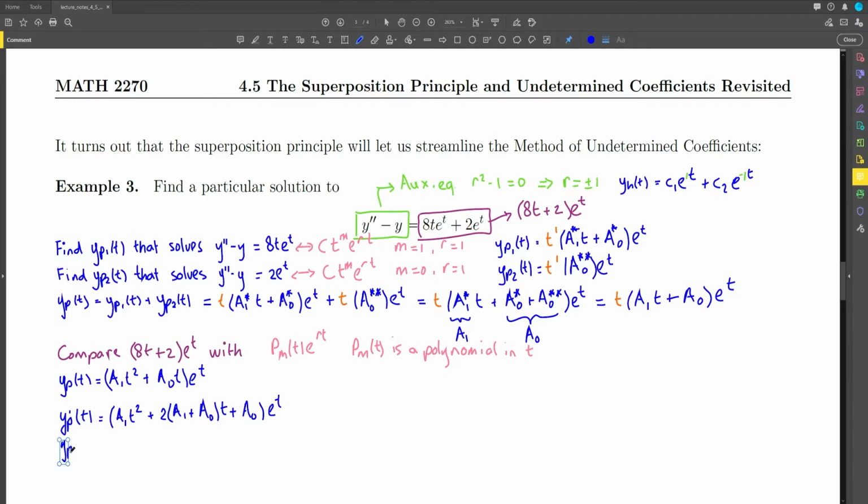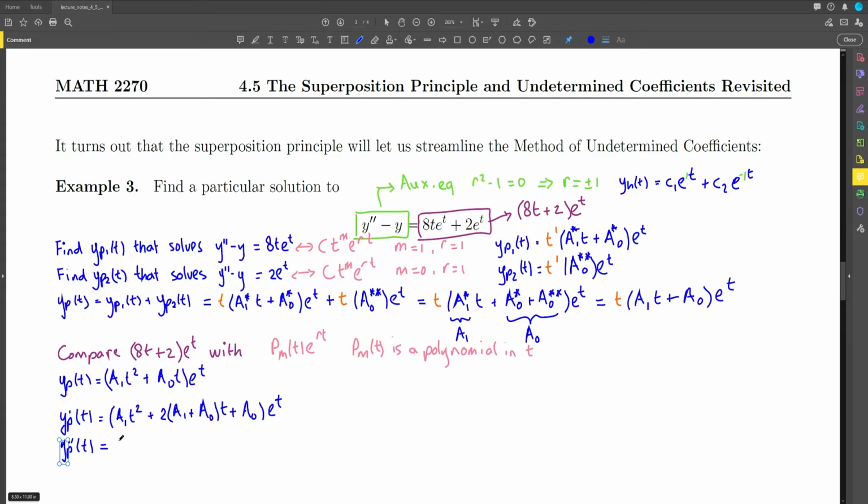And y_p double prime of t is, again, we have to use the product rule, and I strongly urge you to stop the video and see if you can do this yourself.